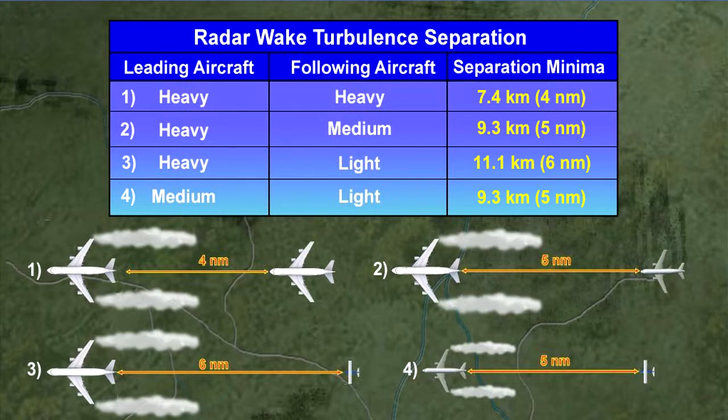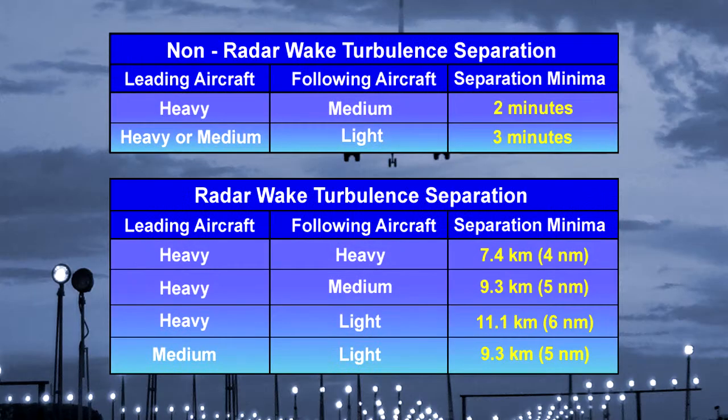For a light aircraft behind a medium aircraft, the separation is to be 5 nautical miles. Here are the tables of the radar and non-radar separation information to help your understanding. This completes wake turbulence separation for arriving aircraft. Next, we will look at wake turbulence separation for taking off and departing aircraft.